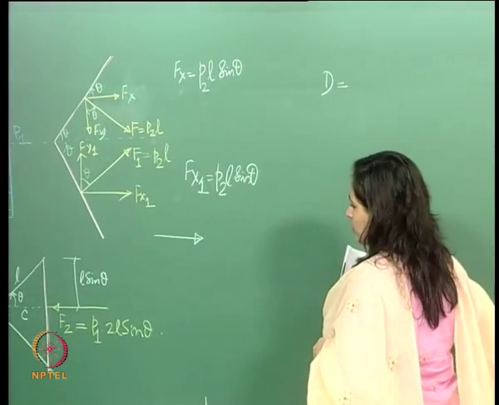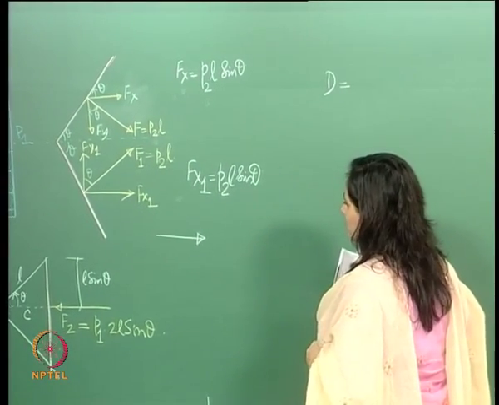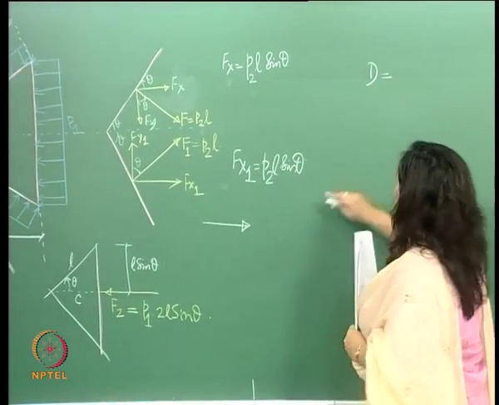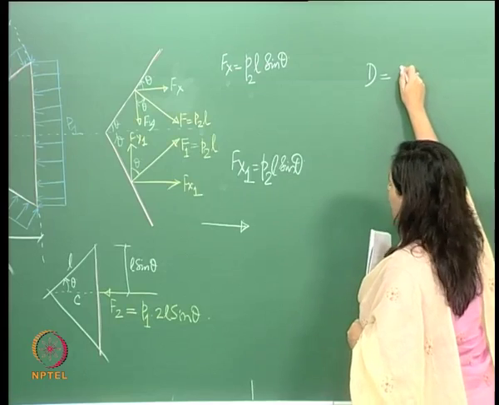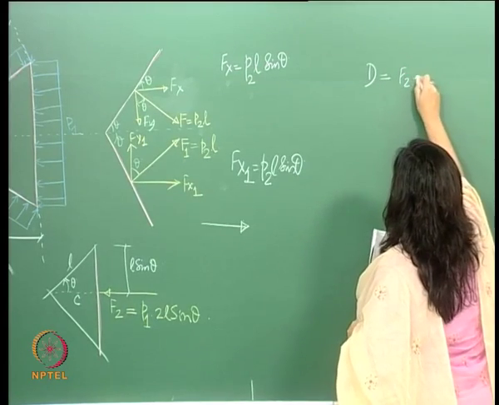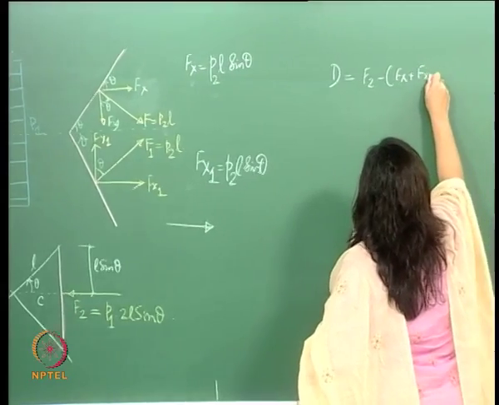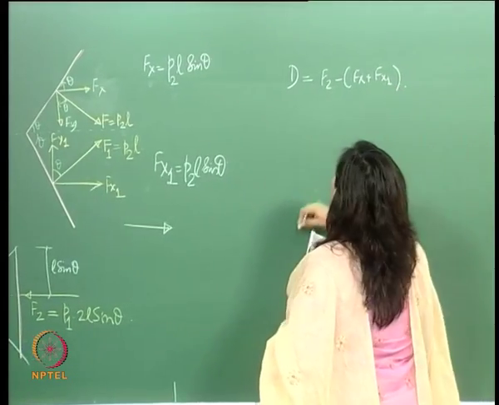So what it will be, drag is basically opposite to the free stream, so we will say that it is equal to F2 minus Fx and Fx1, isn't it?